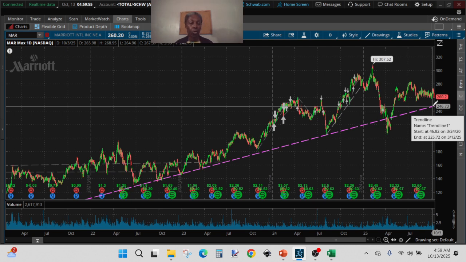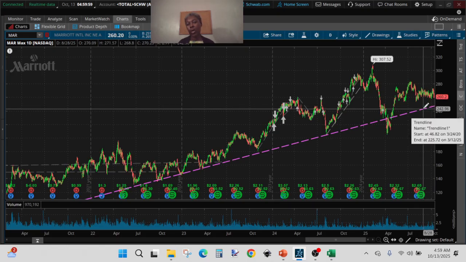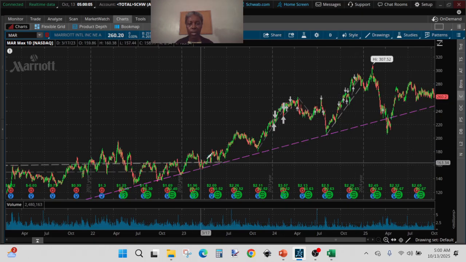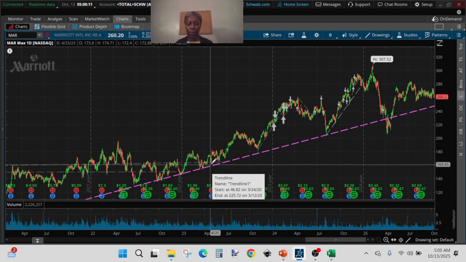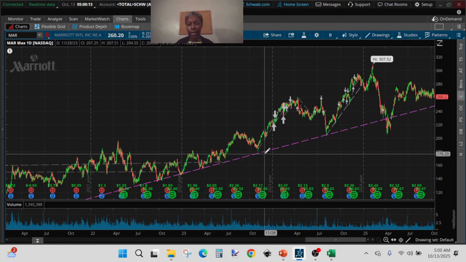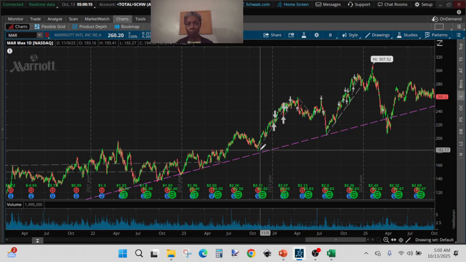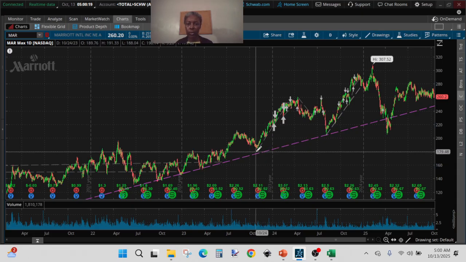You can trace multiple support lines, but you will try to find the ones that have multiple touch points, where the price pulled back to touch the line before going back up. The lines that have more than 2 touch points, you want to favor those.